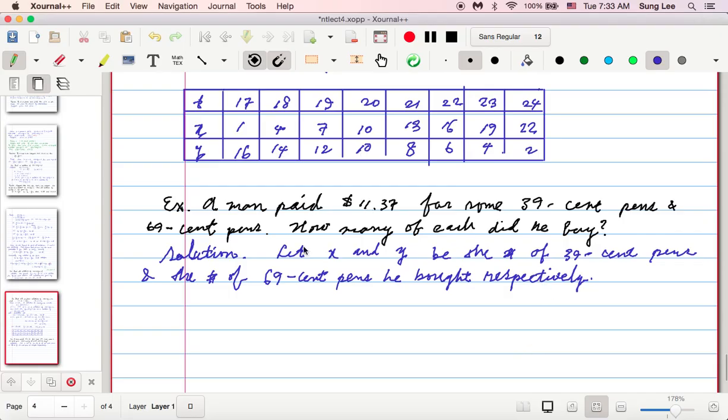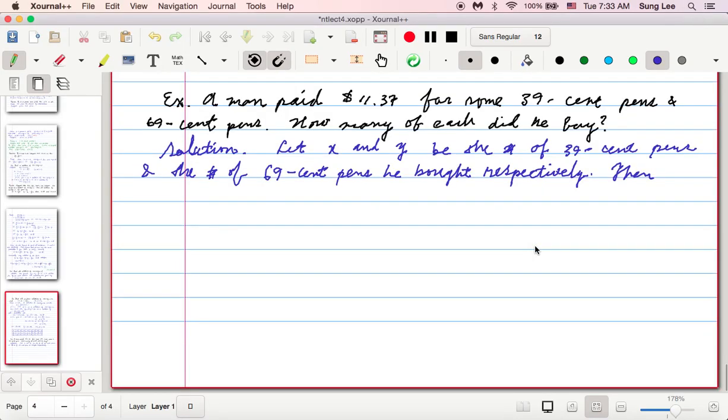Okay? Then we have the following equation. Since 39 cents and 69 cents are in cents, the $11.37 has to be in the same unit, cents. Of course, $11.37 is 1,137 cents.